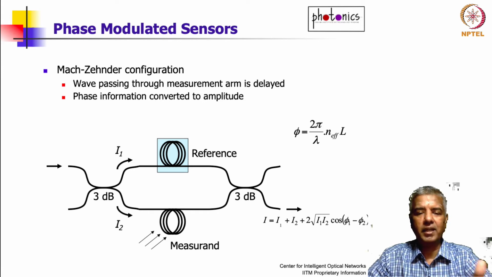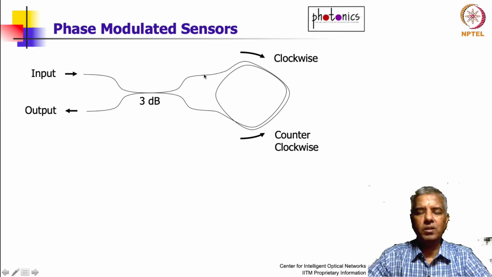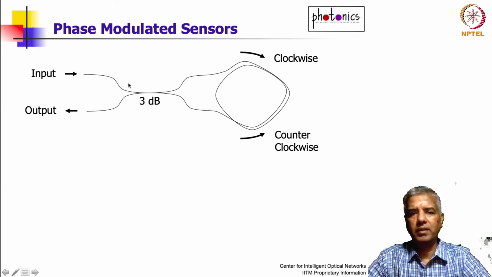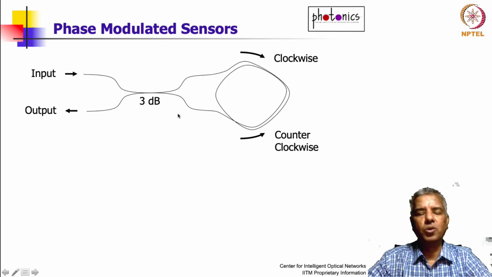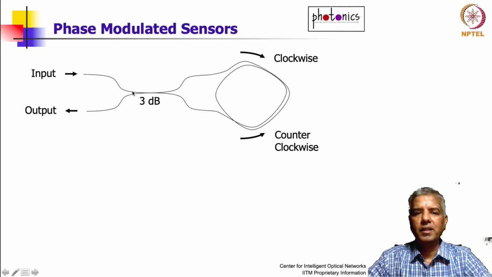That's once again another phase modulated sensor, but in this case what you do is you send the light through a splitter, but instead of going into two separate arms, you actually coil the fiber and bring it back to the same splitter. So essentially light can come in here, and one part of it can go clockwise, and the other part will go counterclockwise.